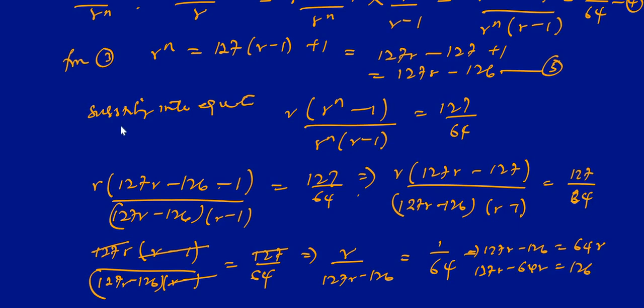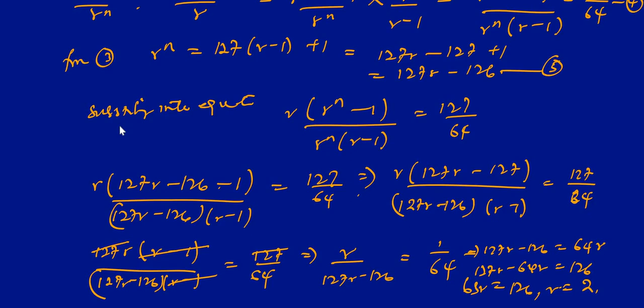If you subtract, 127 minus 64 equals 63. 63R equals 126. So R is equal to 2.